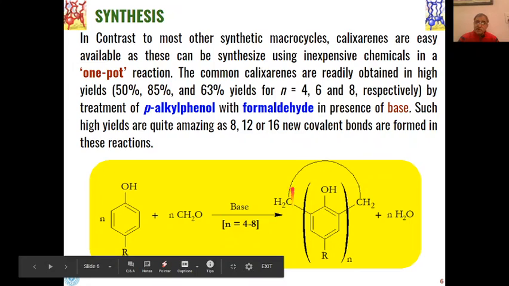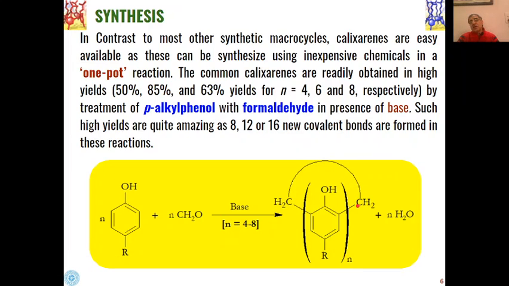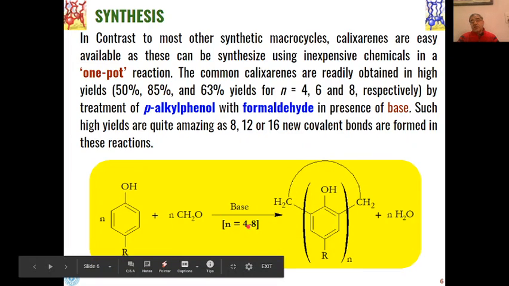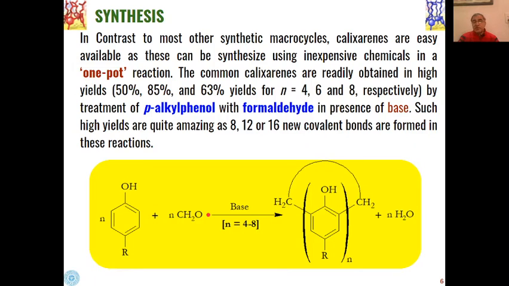So here we can have calix[4]arenes if n is 4, calix[5]arenes if n is 5, 6-arenes, 7-arenes or 8-arenes, depending upon the number of formaldehyde units which condense with the phenolic moiety.